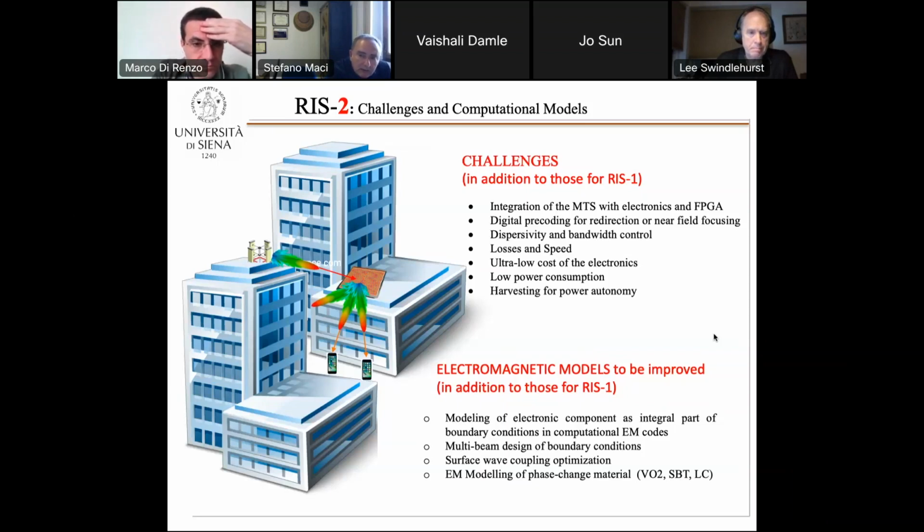The electromagnetic models to be improved, in addition to those for RIS1, are modeling of electronic components as an integral part of boundary conditions for computational electromagnetics, multi-beam design, surface wave coupling optimization, and electromagnetic modeling for phase change materials, in case the structure uses a phase change material like vanadium dioxide, strontium barium titanate, or maybe liquid crystal.